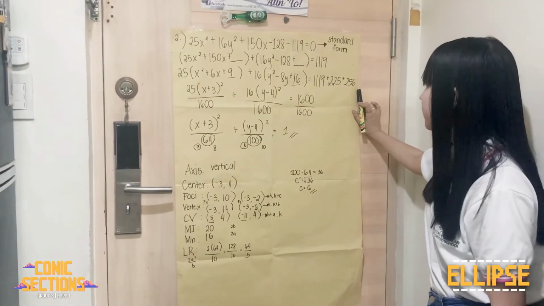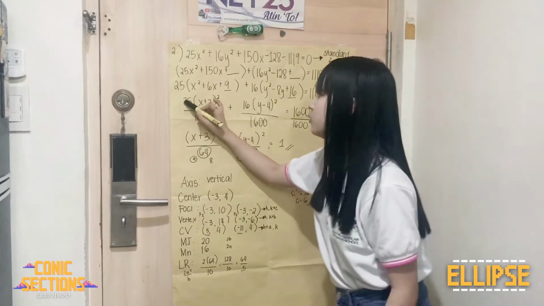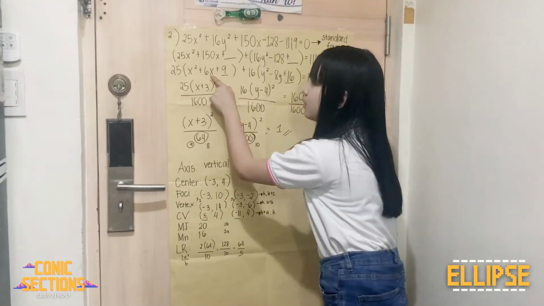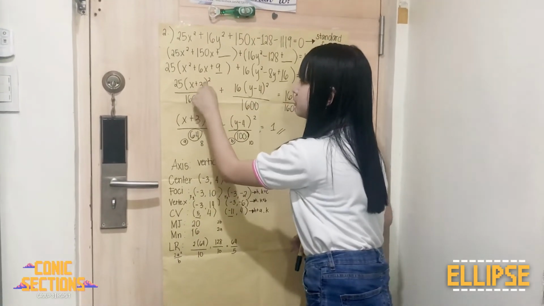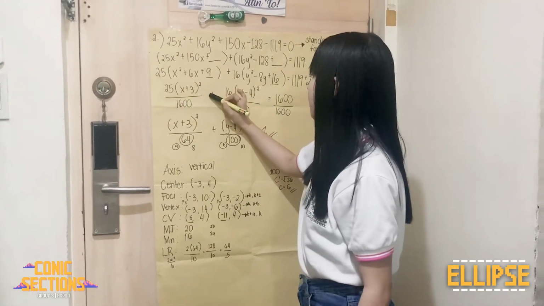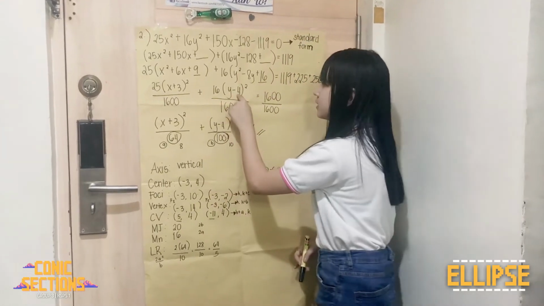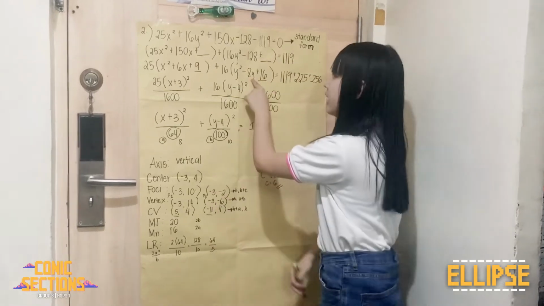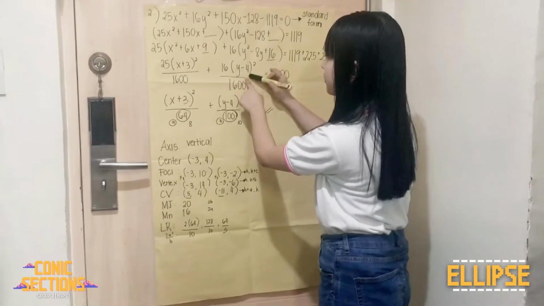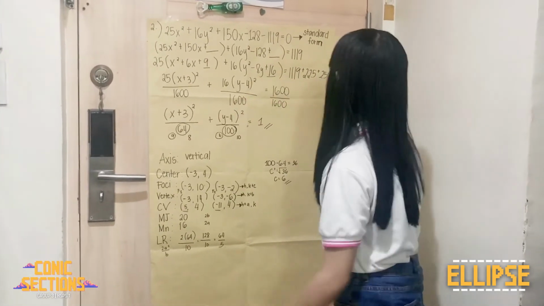So in order to identify the standard form, we have 25 times x plus 3, since 6 divided by 2 is equal to 3. After that, we do the same at this time. So 16 times y minus 4 squared, since 8 divided by 2 is 4.